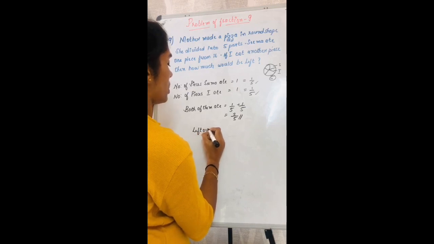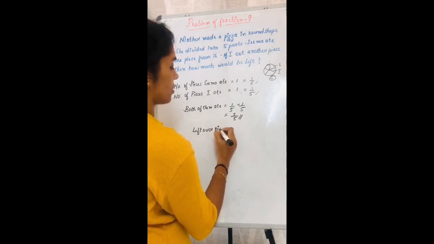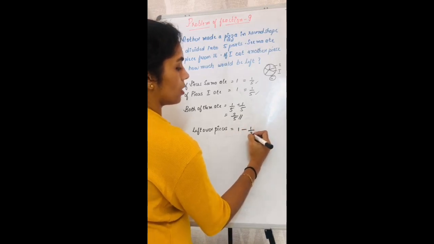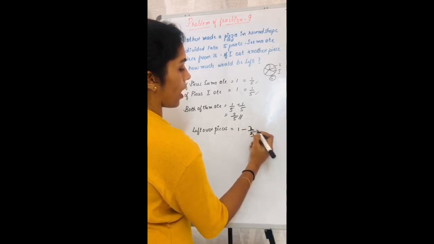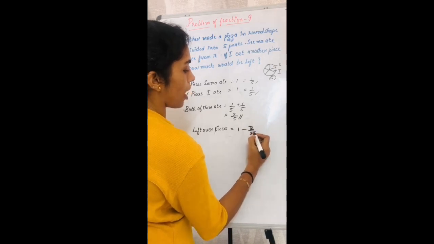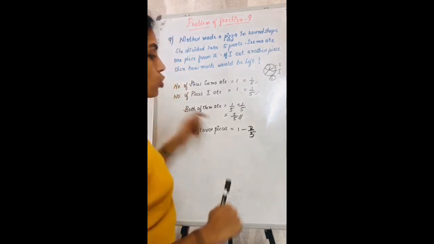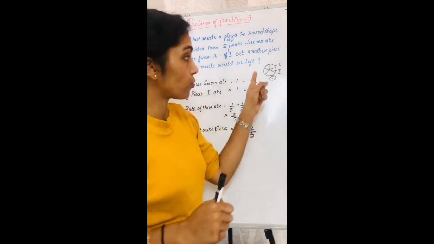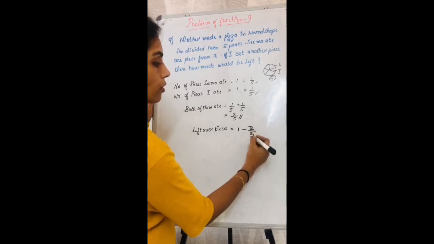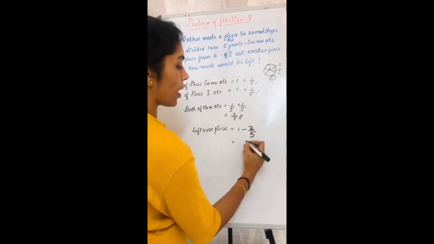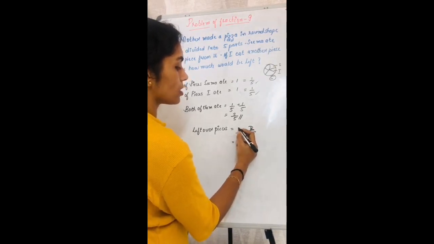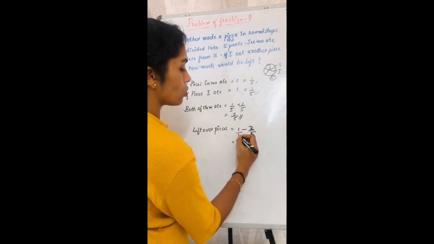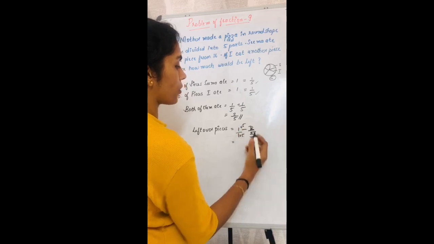Okay. Now, leftover pieces. So, don't mistake it with 5, right? 2 by 5. 1 minus 2 by 5, because you are considering this pizza as 1, not 5. Okay. You got the fraction here, that is 1 minus 2 by 5. When you have this with no denominator, assume it as 1. So, into 5, right?